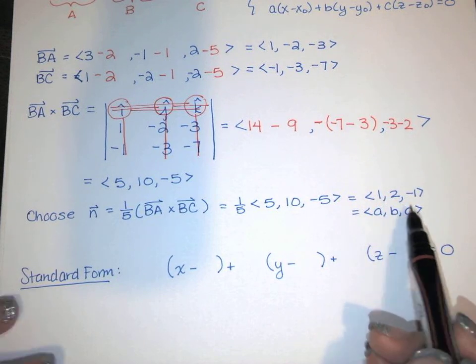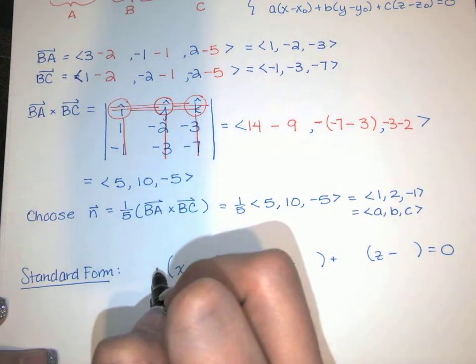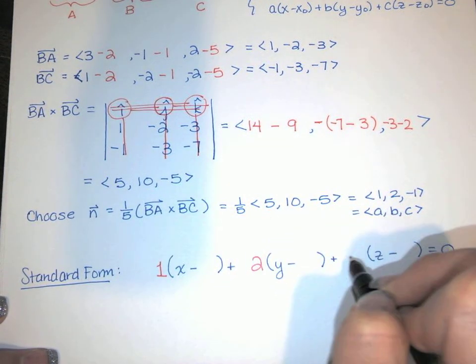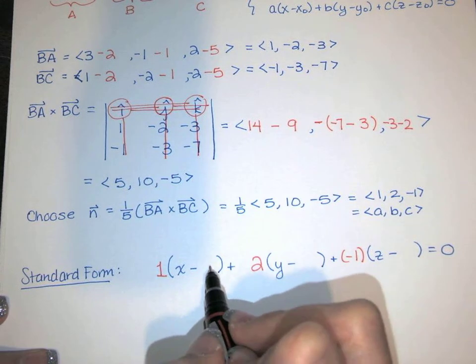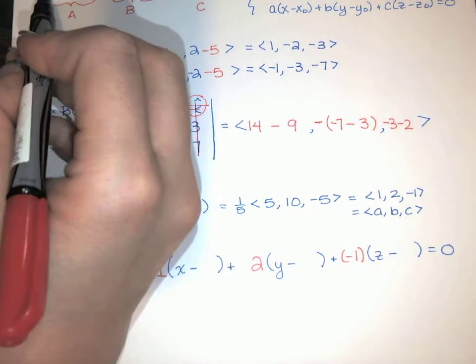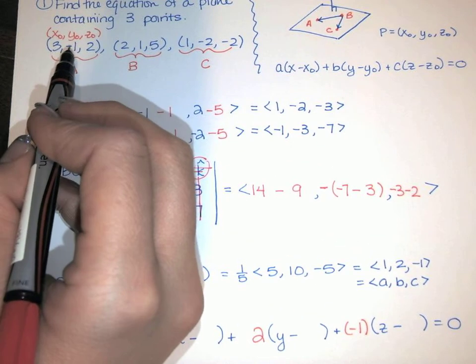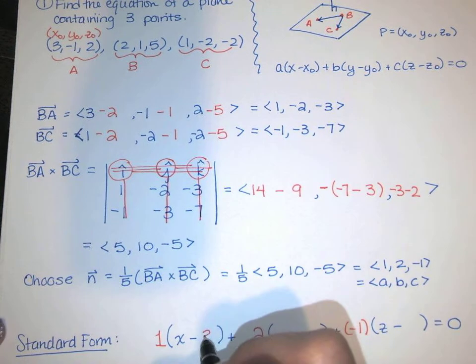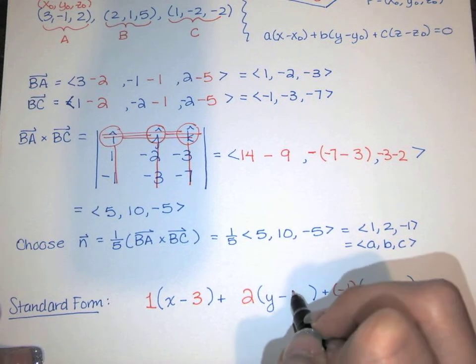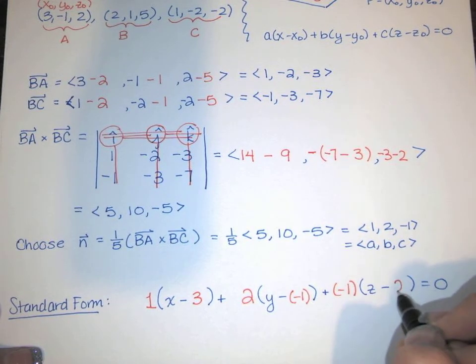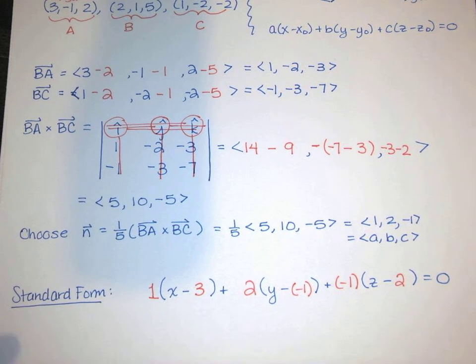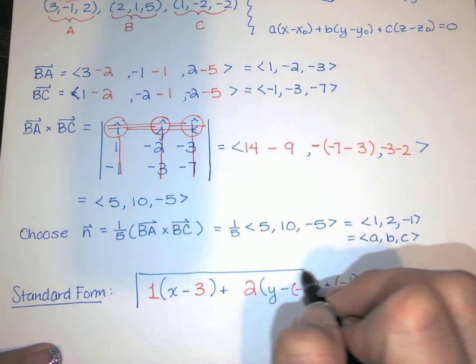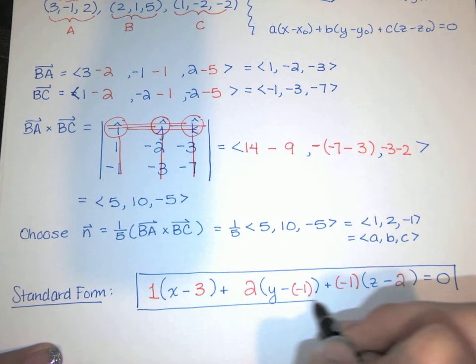A, B, and C are 1, 2, and -1. And x naught, y naught, and z naught are 3, -1, and 2. So we have a 3 here, a -1 here, and a 2. So that's our equation. It's just not simplified, so let's simplify it.